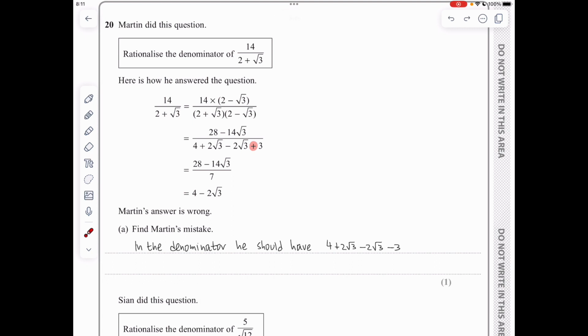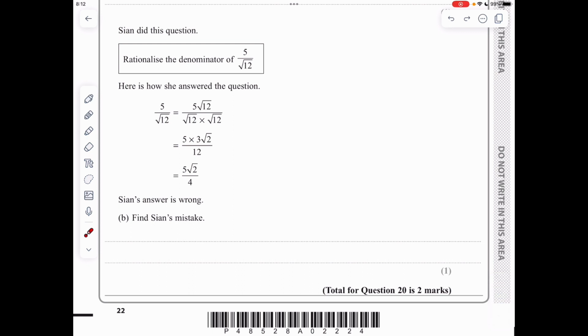Well, we say that in the denominator he should have 4 plus 2 root 3 minus 2 root 3 and minus 3.